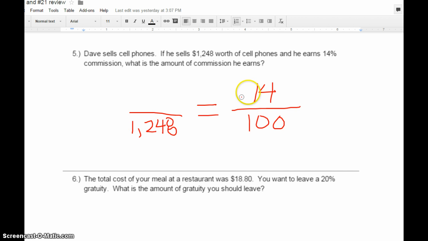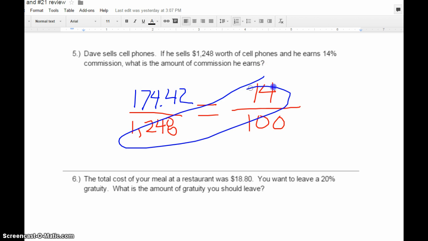So that means he gets 14% of that amount. The amount he sells is our 100%. He gets 14% of that. So he would earn $174.42. Since our missing value is right here, we'd multiply these two and divide by that one.